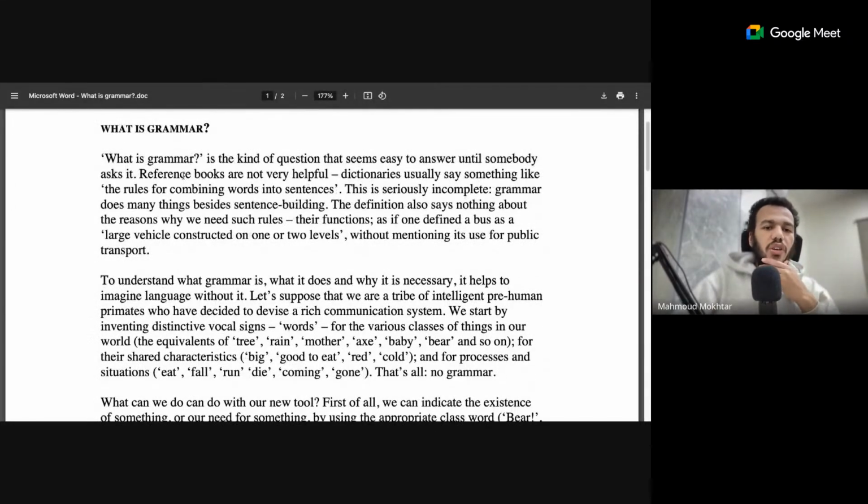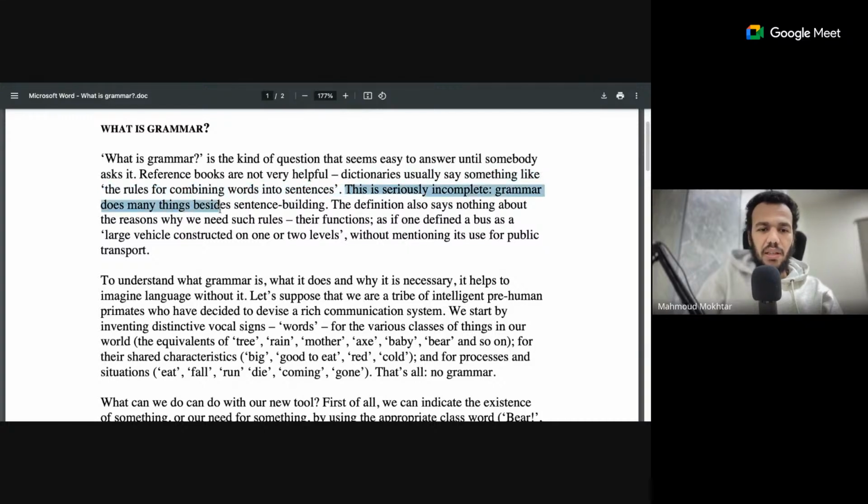Okay, what is grammar? Grammar is the kind of question that seems easy to answer until somebody does ask it. Reference books aren't very helpful. Dictionaries usually say something like the rules for combining words into sentences. This is seriously incomplete.